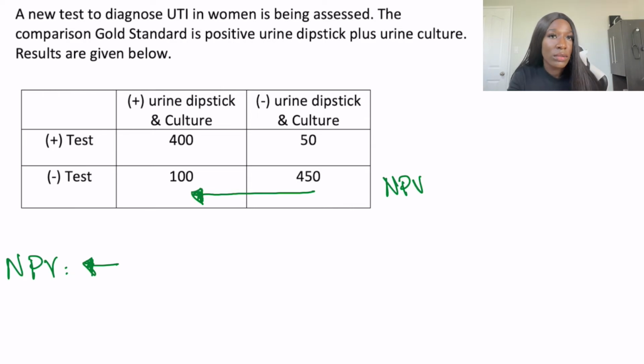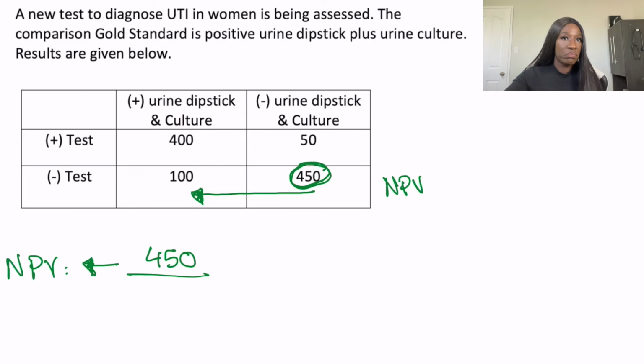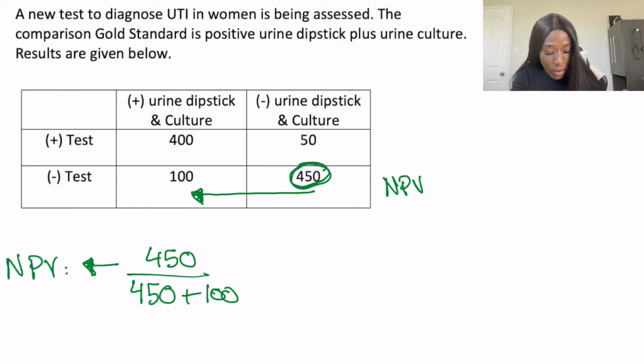What do we do next? Excellent answer. We circle wherever the arrow started, and where do we put it? Amazing. We put it on top. Okay, so after we put it on top, what do we put on the bottom? Great, we put whatever we circled, so 450 plus what? Great, 100. Why? Because that's where the arrow ends.